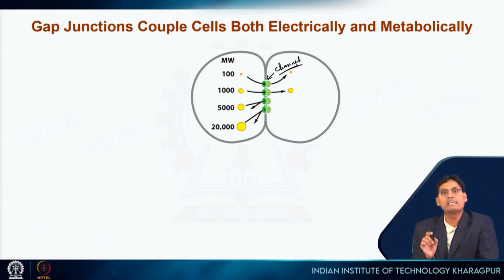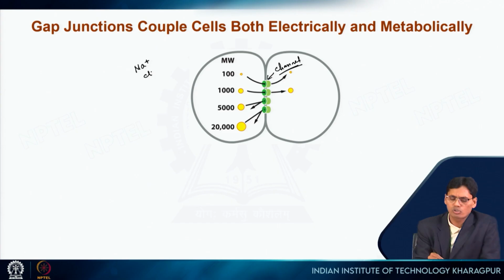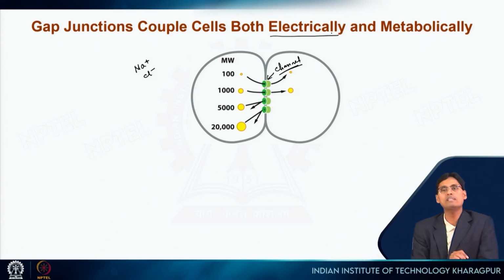I mention electrically and metabolically because a lot of ions, for example Na plus, chloride minus, and many others can move, and that's why we say electrically. And metabolically, small water soluble nutrients, for example some glucose molecules, small amino acids, nucleotides, can cross through this channel or gap junction.